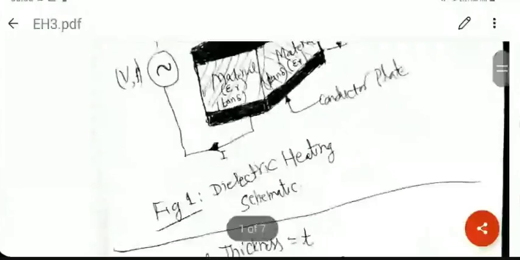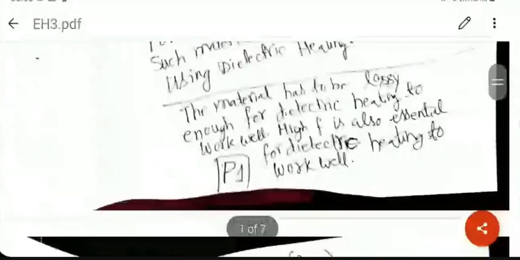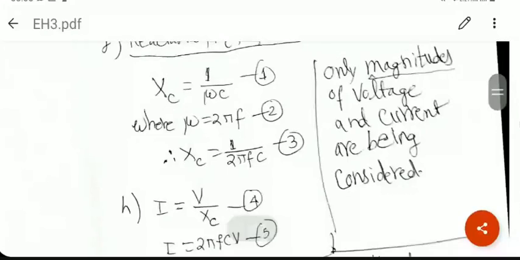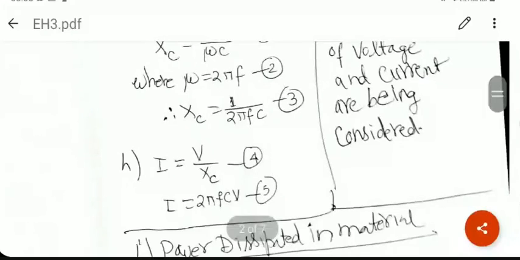Okay. So that's what I'm doing next here. If you know the capacitance, you know the reactance, and we are talking magnitude of current and voltage. So the magnitude of current will be V divided by the reactance of the specimen. Okay. So 2 pi f C V is the magnitude of the current that would flow in this specimen. These things are simple.